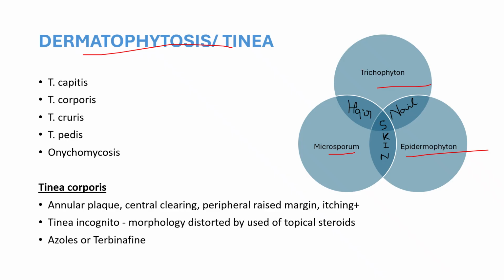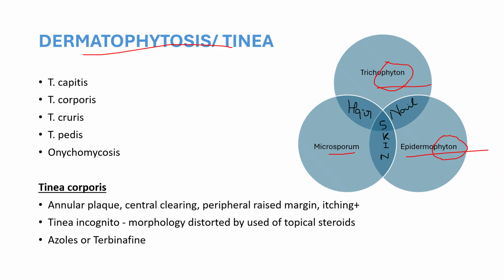So wherever there is phyton, you can remember, it involves a nail, and all three involve the skin. So the difference is whether it involves a nail or not. Trichophyton involves the nails as well as hair and skin. Epidermophyton, nail and skin. Microsporum, hair and skin. It does not involve the nails.